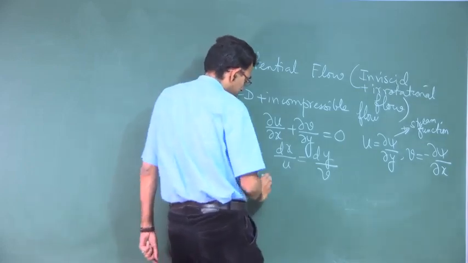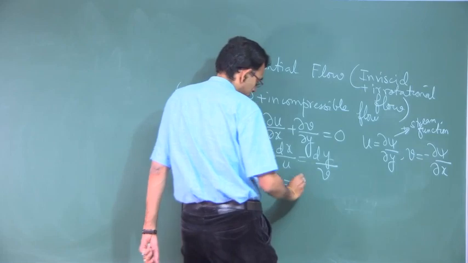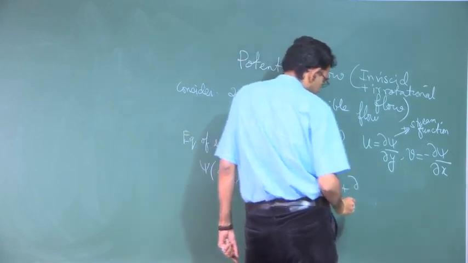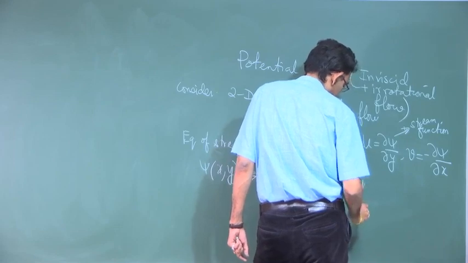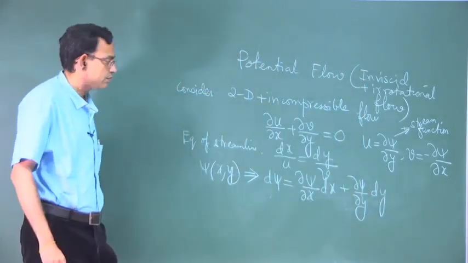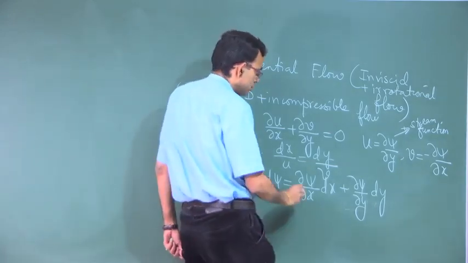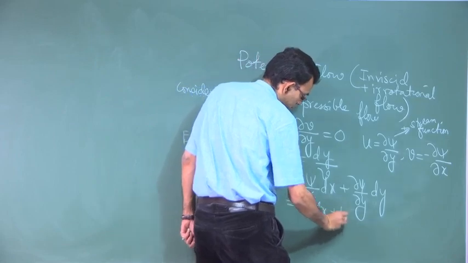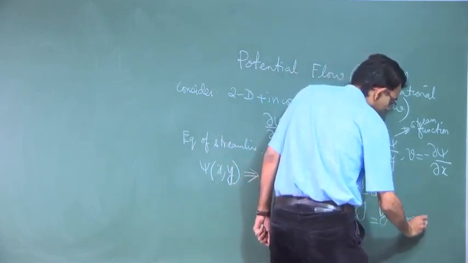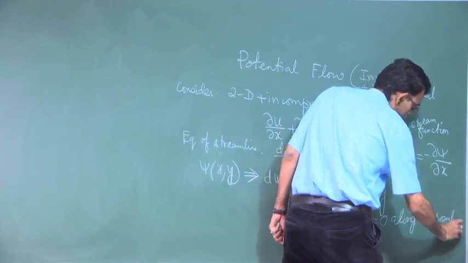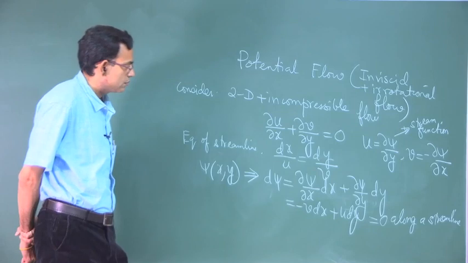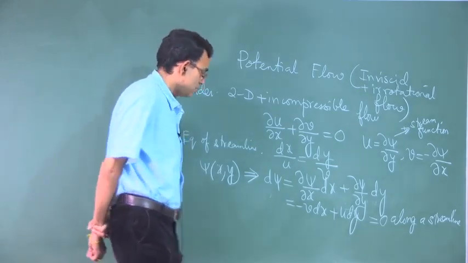So, d psi is 0 along a streamline. Why is it 0?